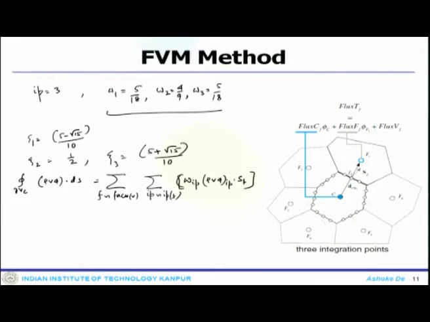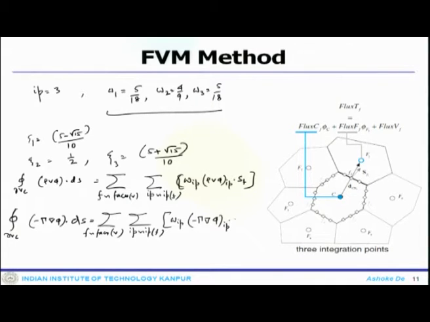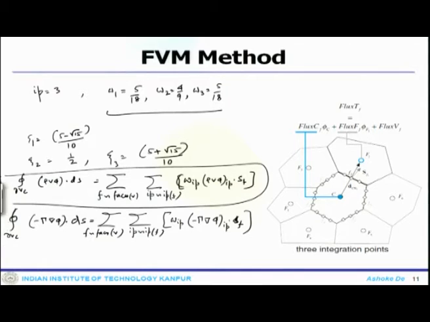That is what you get, and similarly for gamma del phi dot ds, that is my diffusive term, you get the summation over faces over V and IP over F, WIP minus gamma del phi IP dot SF. So, this is what you end up getting.